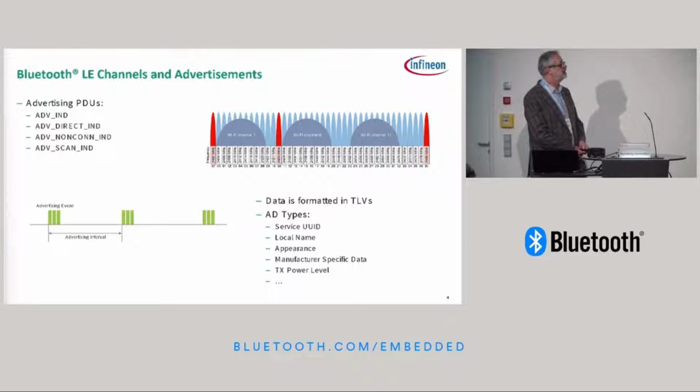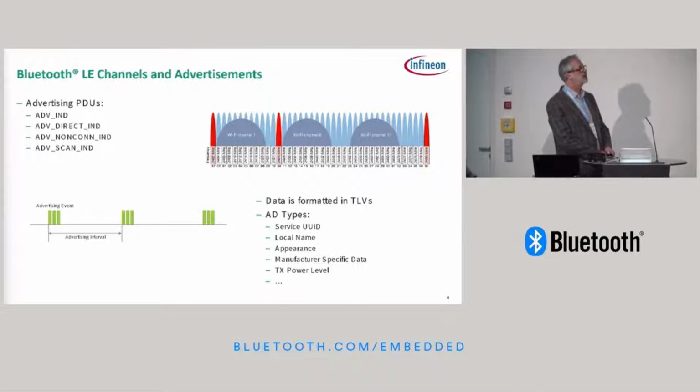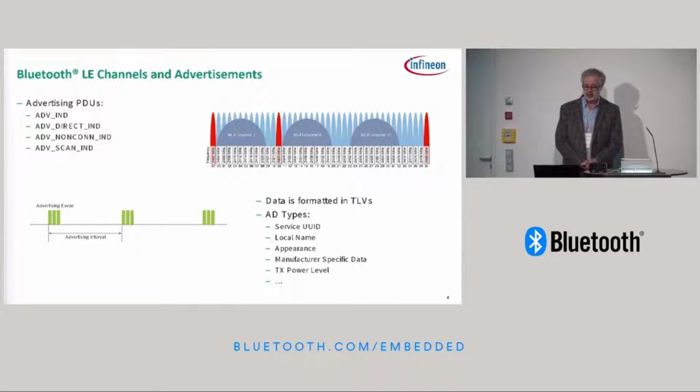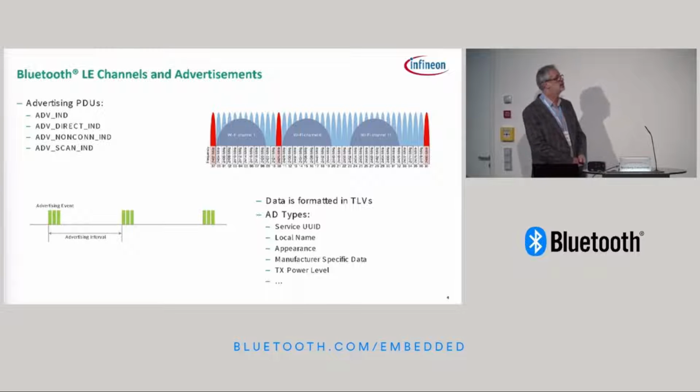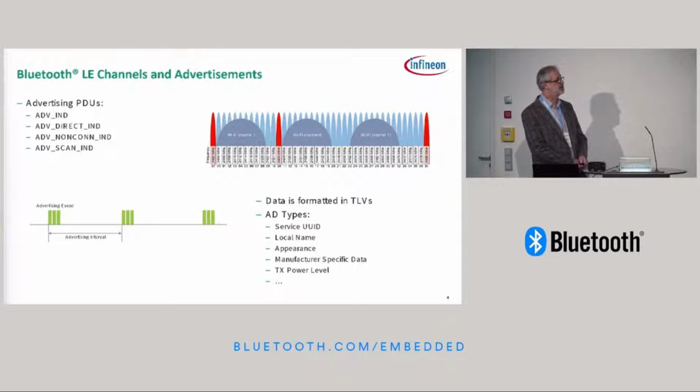So advertising event: the 2.4 gig band is used by Bluetooth LE, and it is 40 channels, 2 megahertz apart, and 3 of these channels are used for advertising. The rest of the channels are used for data or as a secondary advertising channel.